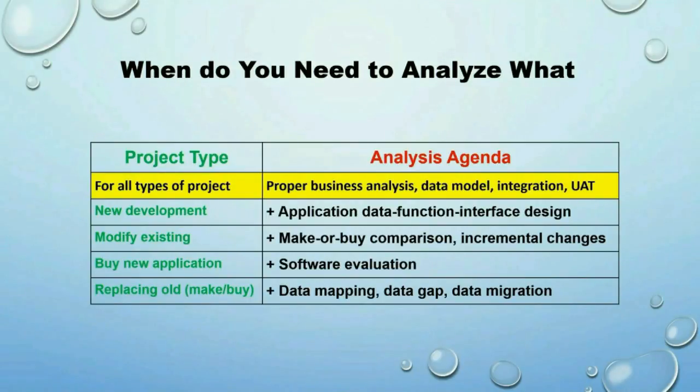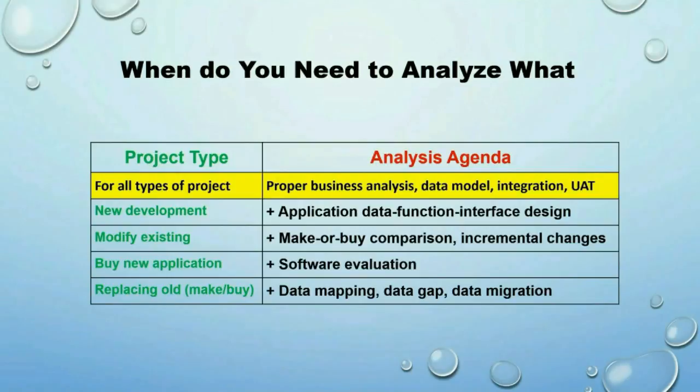I say proper because the scope of the analysis may be different. It depends on the project, and usually that's defined in the project charter. And also, certain items you only need to do once, for example, SOA for an organization. If you have done that before, certainly you don't need to repeat that for every project.